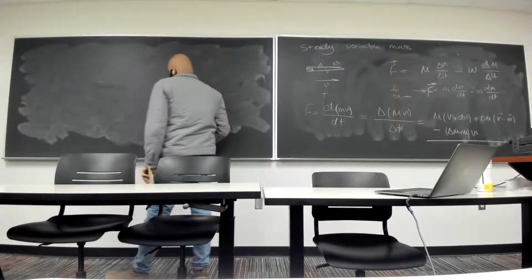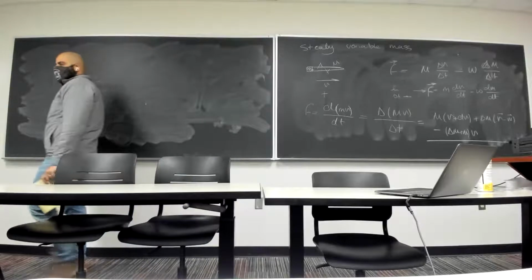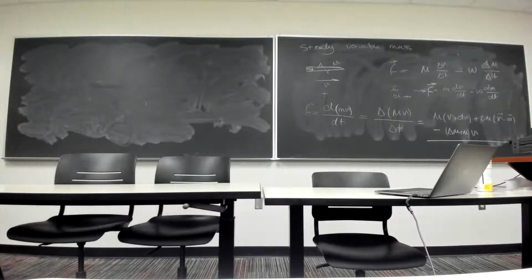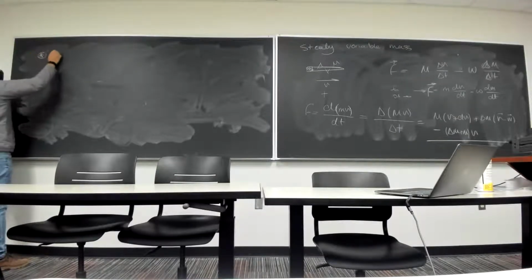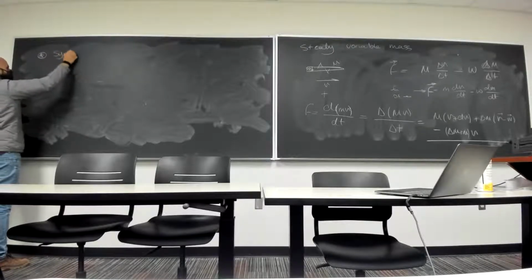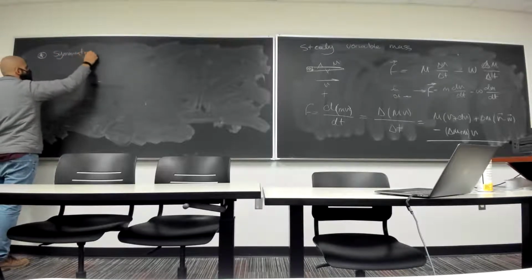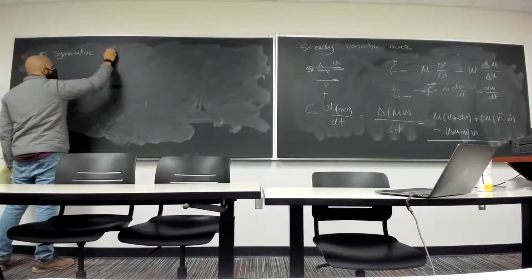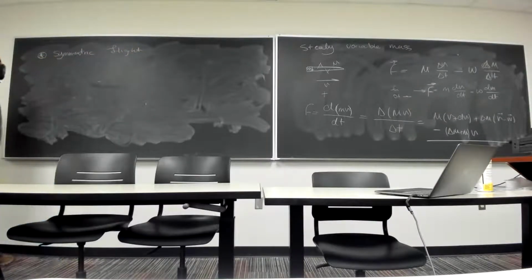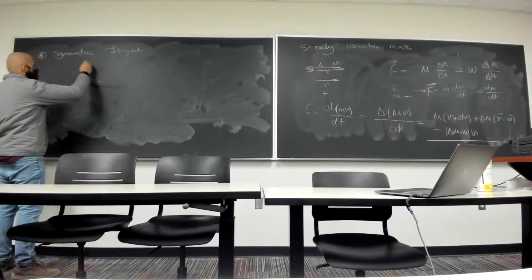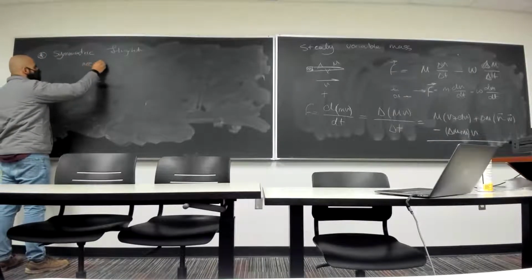I think we went a little too deep into them, so let's back up a little bit and simplify things. What we want to work on is symmetric flight. We want to find the equations of motion for symmetric accelerated flight.